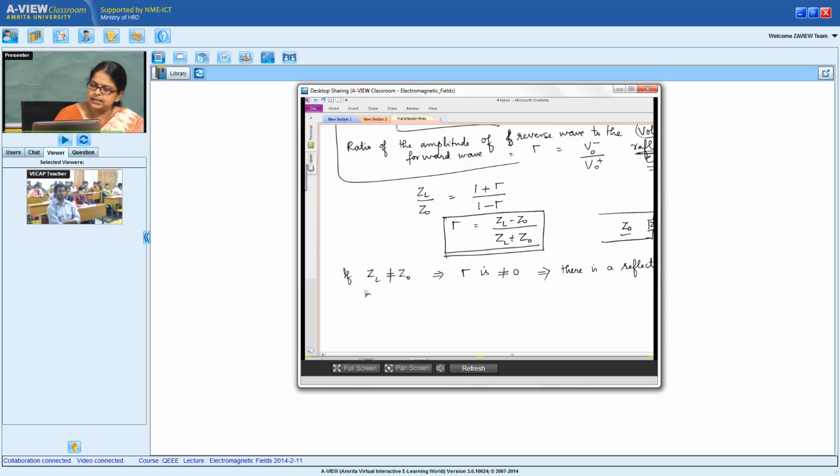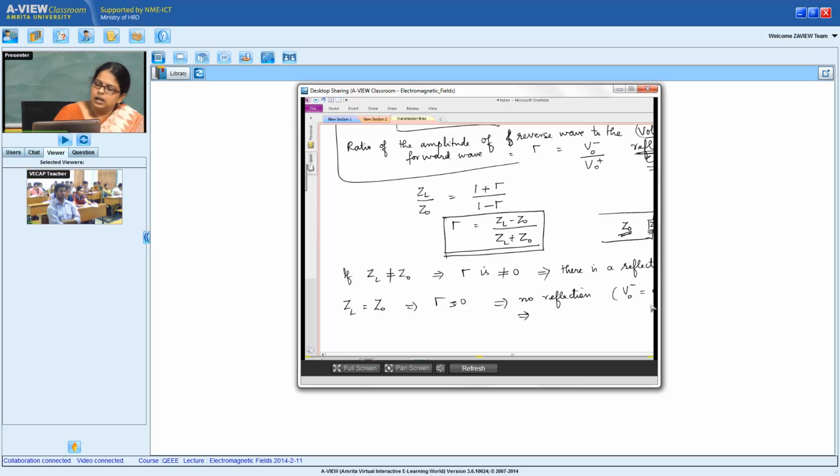So let's take the case where ZL equal to Z0. What happens in that case? If I have ZL equal to Z0, it means I have matched my load impedance with the characteristic impedance of the line. If that is the case, my gamma is 0. Gamma is 0 means no reflection, which means V0 minus is 0.